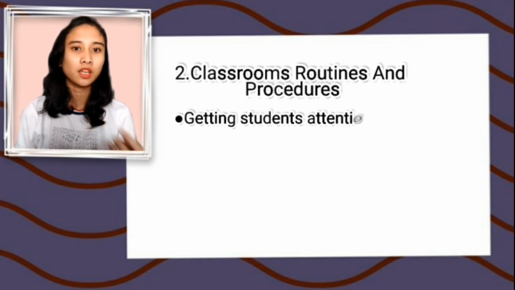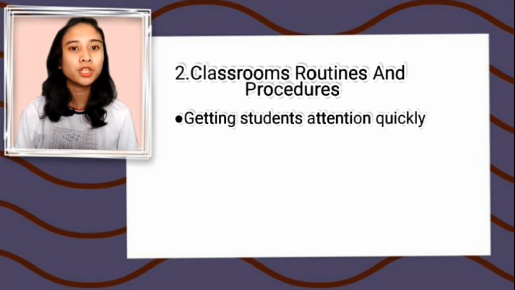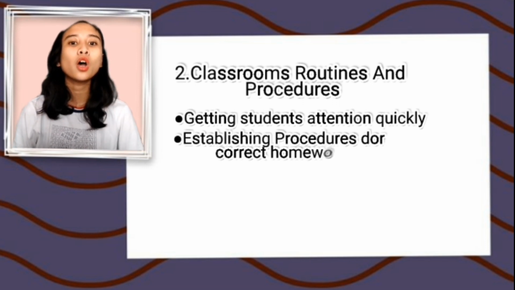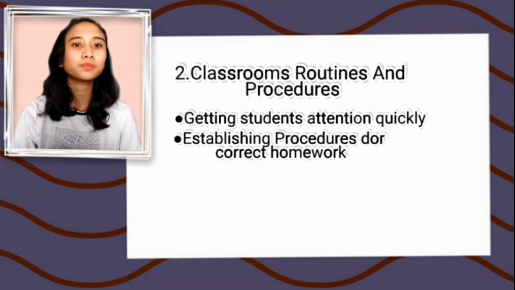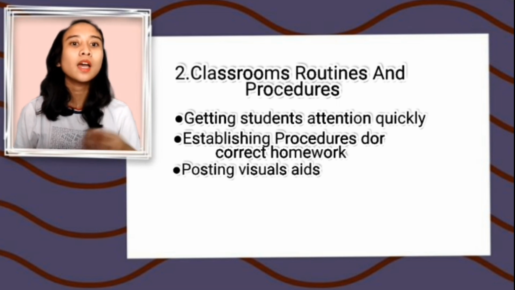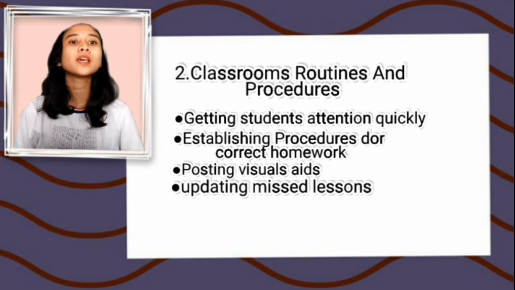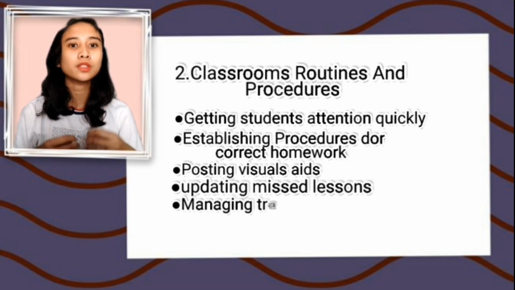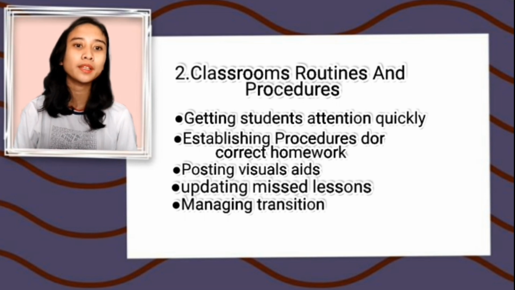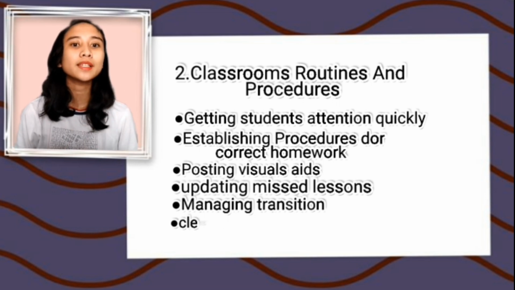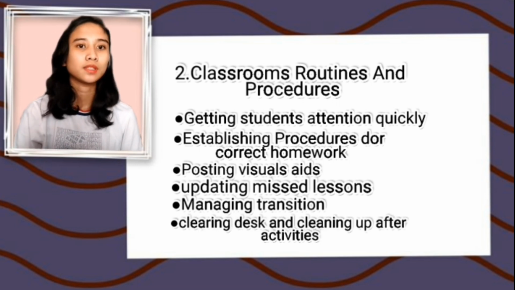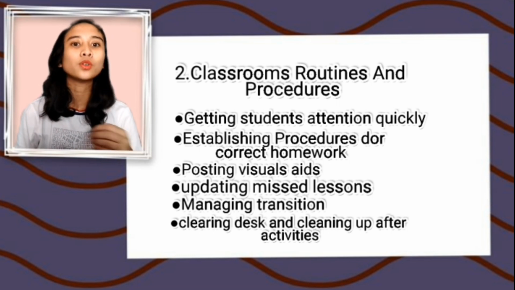Getting student attention quickly, establishing procedures for correcting homework, posting visual aids, updating missed lessons for absent students, managing transitions during break time, clearing desks and cleaning up their activities, organizing group discussion and partner swaps.